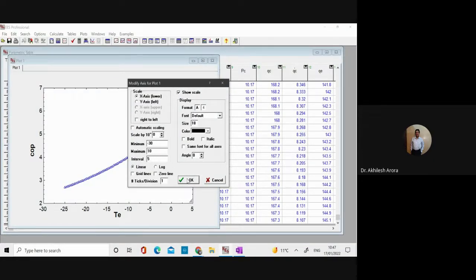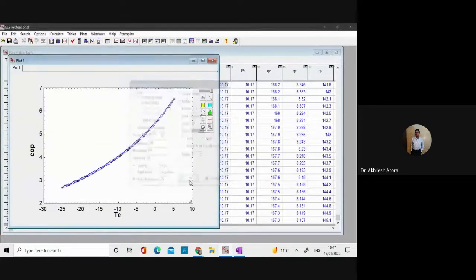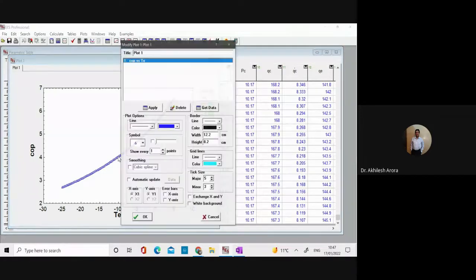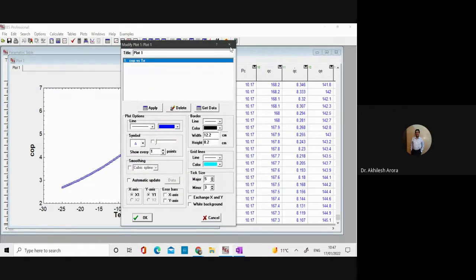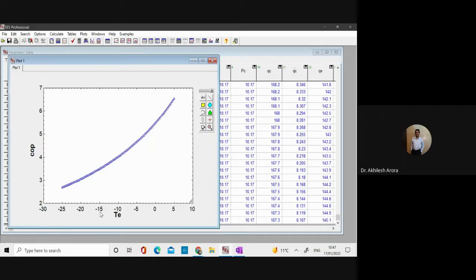And let us see ticks. Now there are so many ticks because we have calculated 100 values. So I can say ticks per division. Let us say I will say 5. Let us see what happens. I think now it has gone more. So I am just clicking here and there.